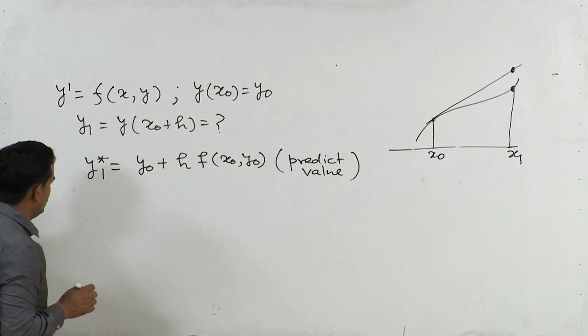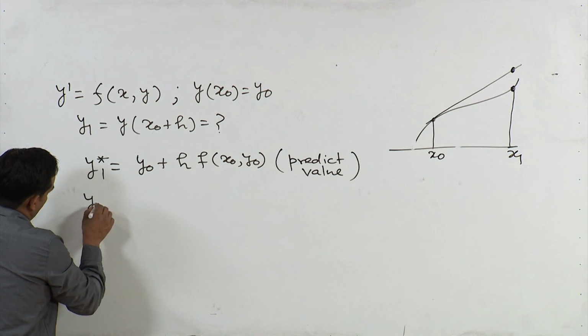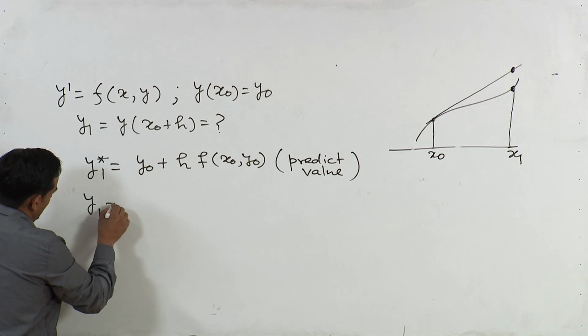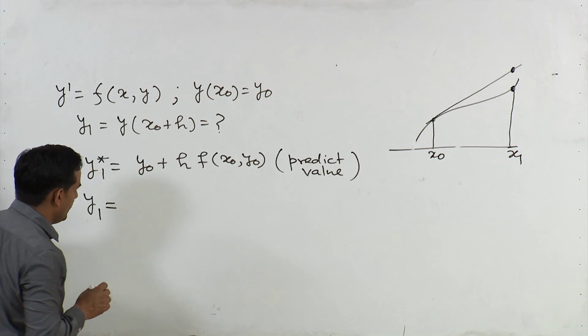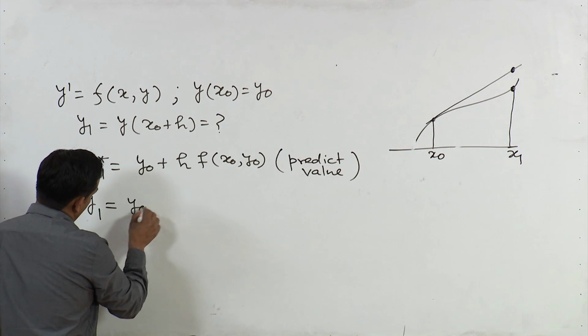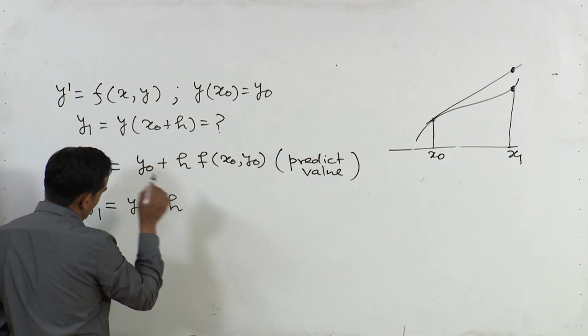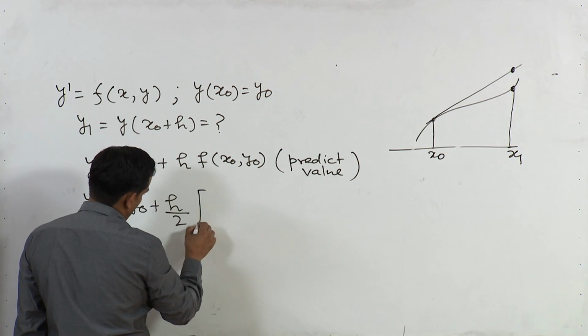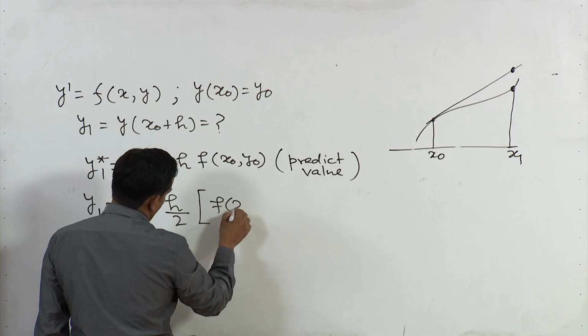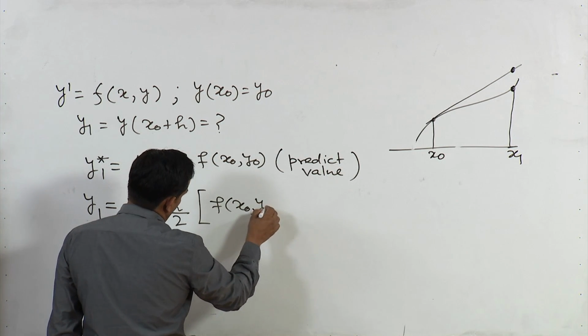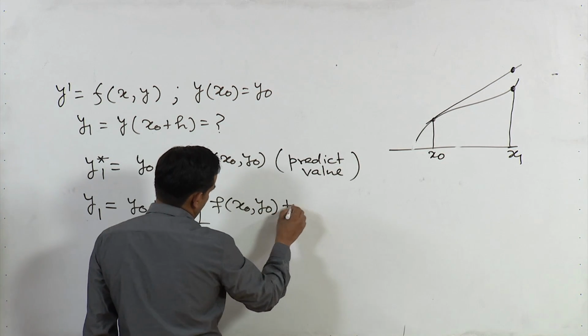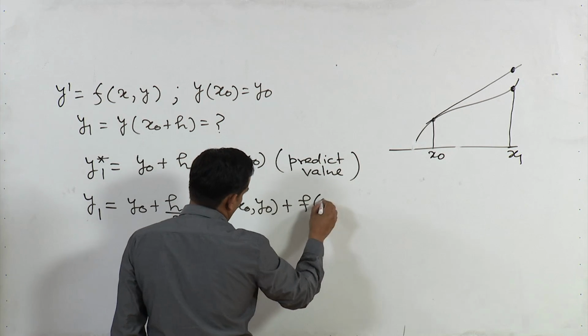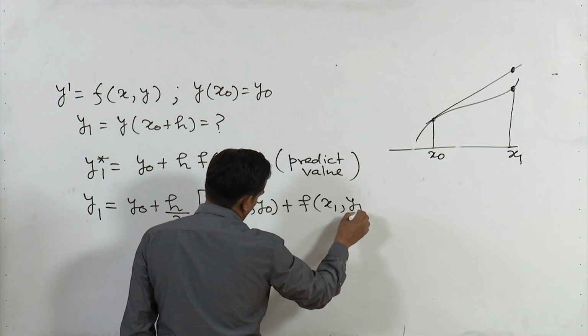Then I will correct this predicted value by a new formula, that will be y naught plus h times f of x naught, y naught plus f of x1, y1 star.